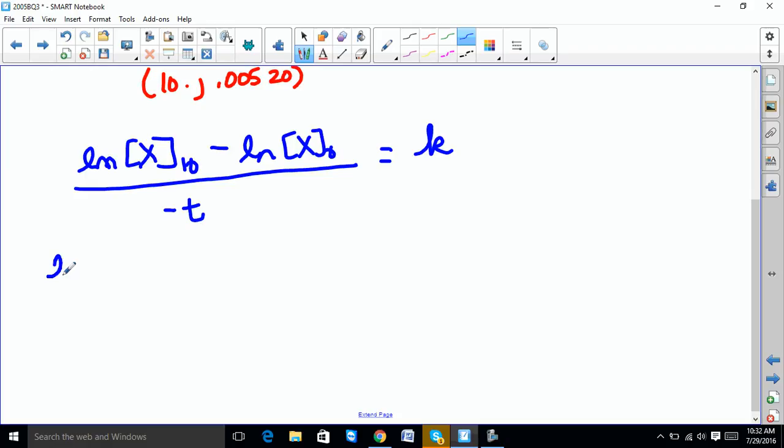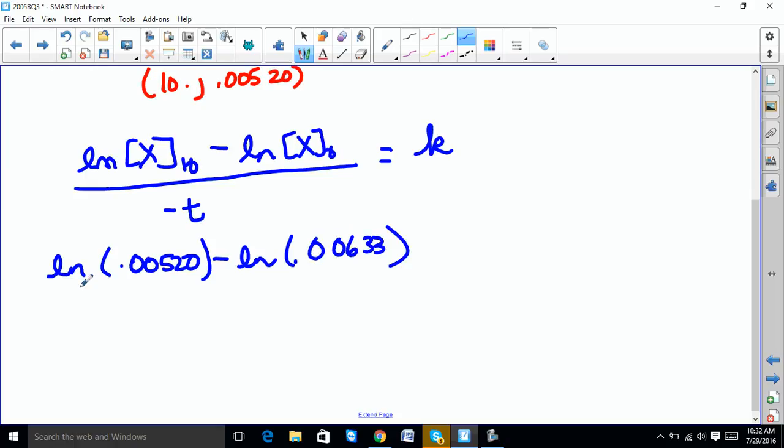So this is going to be the ln of 0.00520. See that? Minus, sorry, make sure you close that on your calculator. Minus the ln of 0.00633 divided by the elapsed time, which is negative 10, equals k.